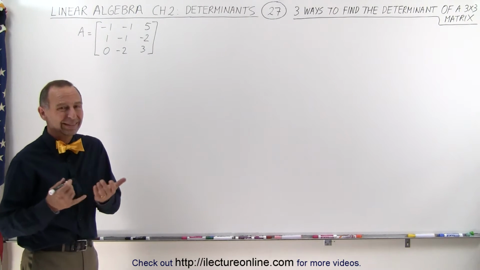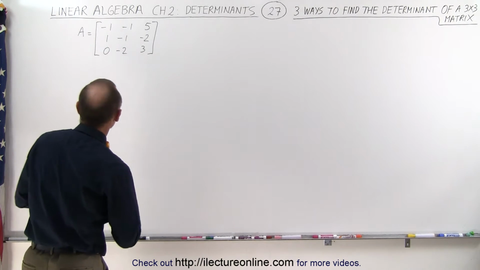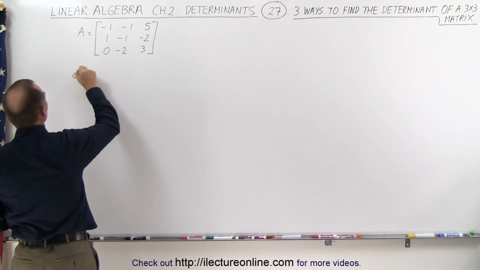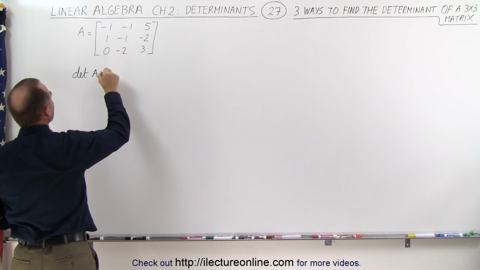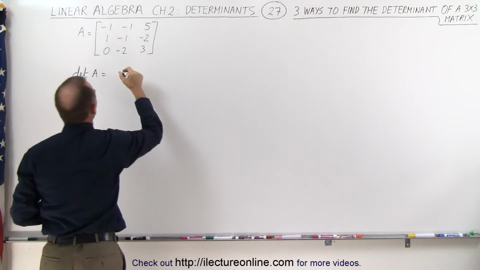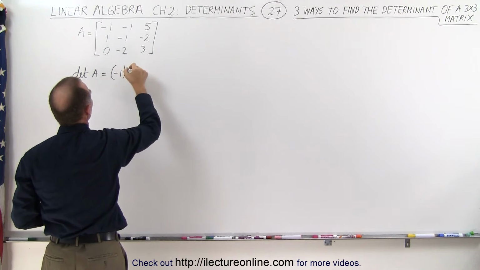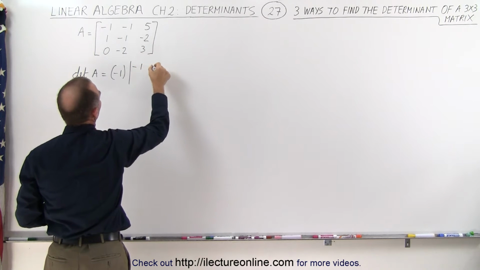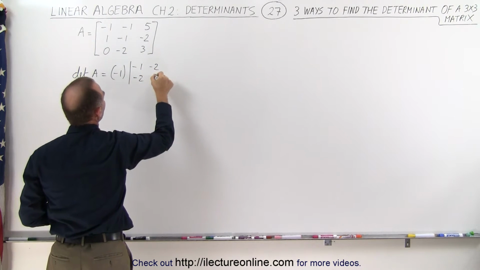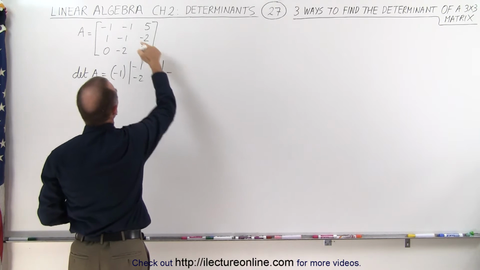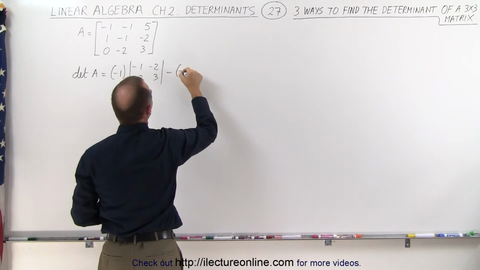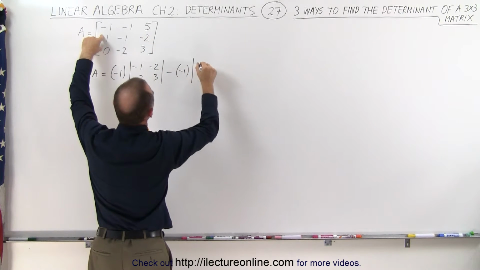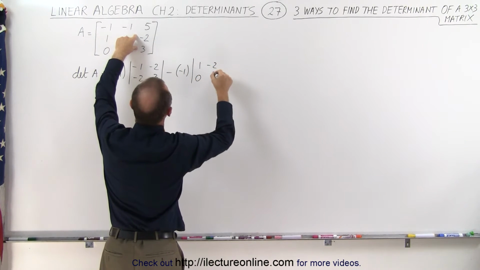First of all, we'll take the method that we've already seen several times during this video series. You can say here that the determinant of A is equal to this first top left element, minus 1, multiplied times the determinant of these 4 elements, minus 1, minus 2, and 3, minus the middle element up here, minus 1, times the determinant of these 4 elements, which is 1, 0, minus 2, and 3.